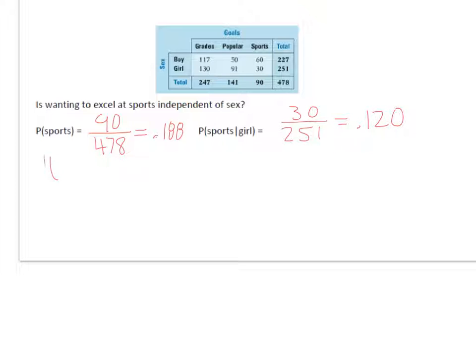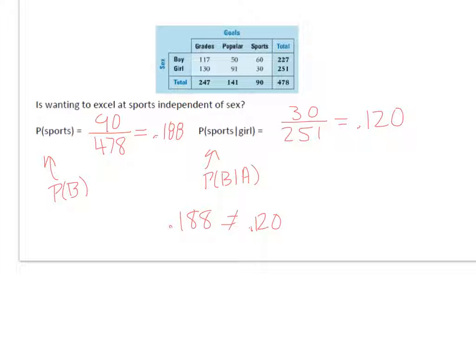So if I consider this P of B, and I consider this P of B given A, if I want to see whether or not sports and sex are independent of each other, I should be able to say that P of B given A is equal to P of B. Well, they're not. 0.188 is definitely not equal to 0.120.